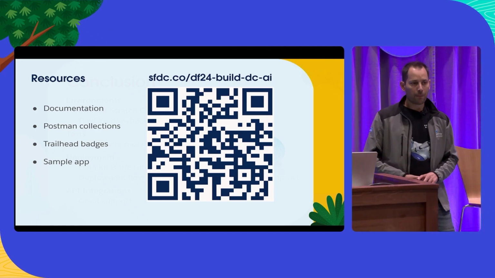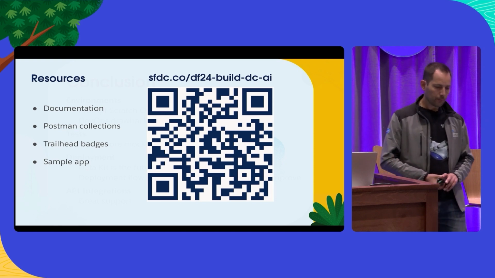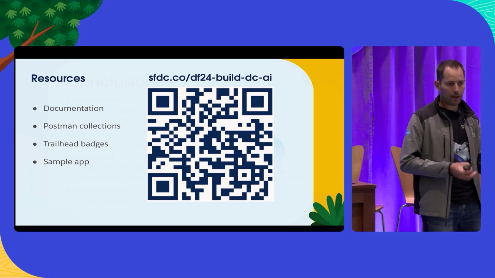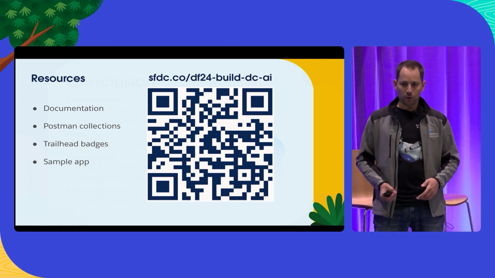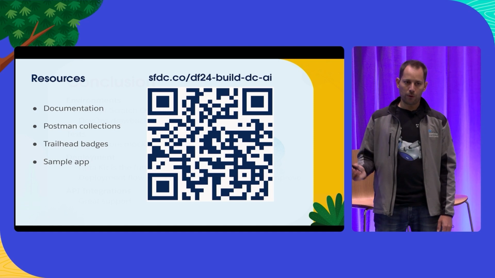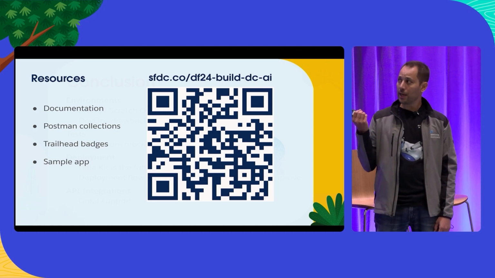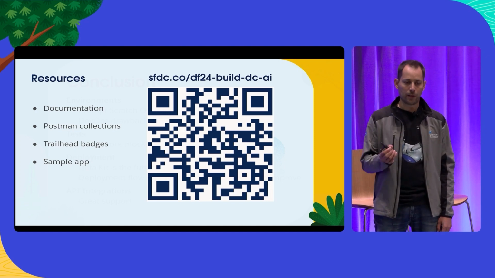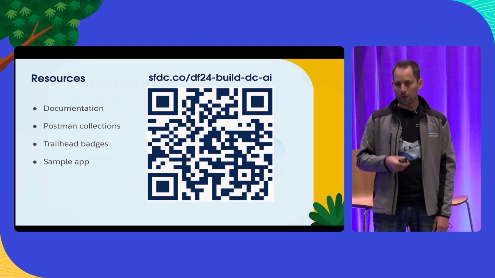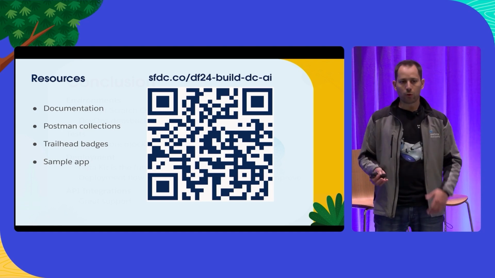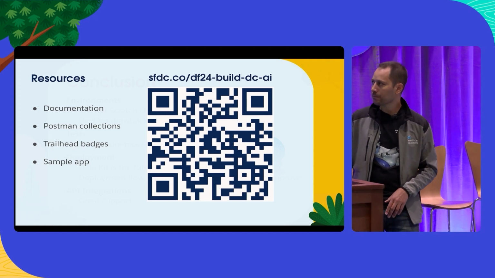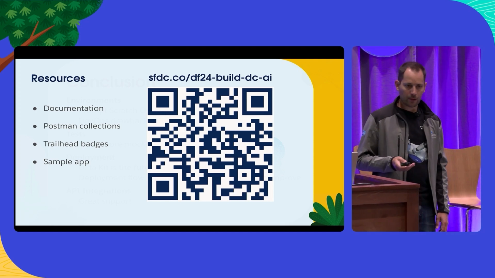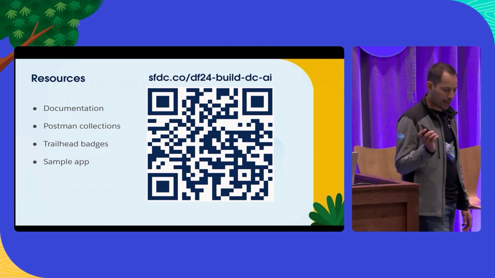We have a new sample app called Coral Cloud, an app built on Data Cloud and agents, so Prompt Builder in agents. You'll be able to try out the metadata deployment flow and experiment with it. What's really nice with this Trailhead badge is that you get access to a trial org with all of these features enabled, so you can explore, try the sample app, and even build your own extension of it. All of this is behind this QR code, and you can try it out anytime.